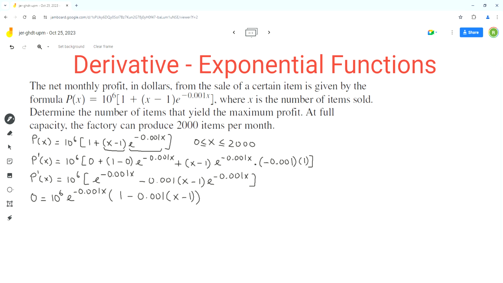Now we can simplify the expression in the parentheses. So we can distribute 0.001 into the parentheses.